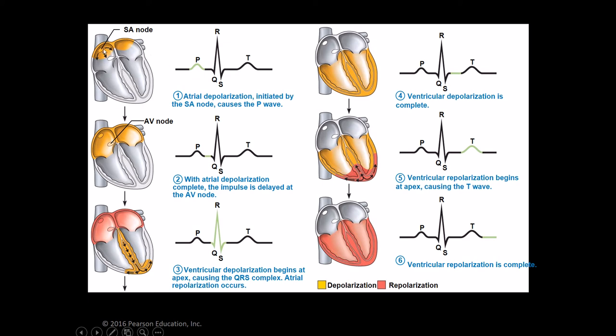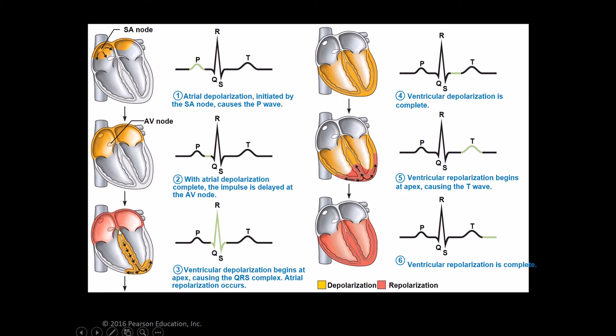So as the signal travels from the SA node to the AV node and over to the left atria, that's that initial P wave. Once atrial depolarization is complete, the signal pauses here at the AV node. That allows the depolarization of the atria to cause the complete contraction of the atria to get all of the blood out of the atria and into the ventricles.